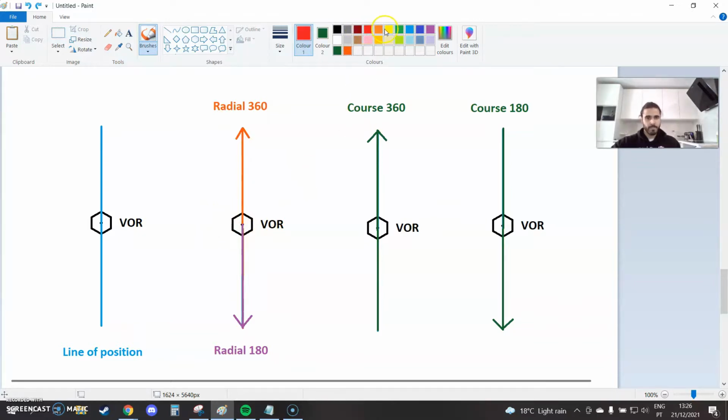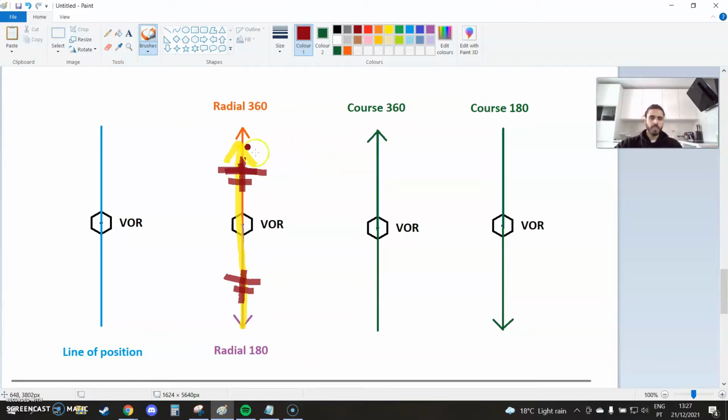All right, but now, even with radials, we also have this terminology. If I put the course 360 on top of this, here I'm on radial 180, right? I can be here on radial 180 going north, which means that I'm on radial 180, course 360. Here I'm once again going to 360, tracking 360, but now on radial 360.